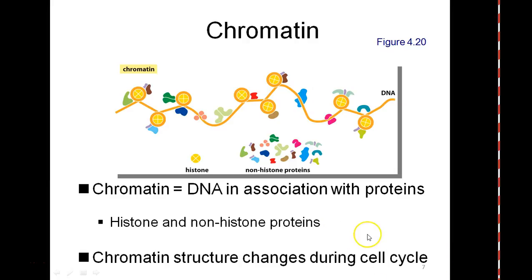During the cell cycle, there are dramatic changes in the chromatin. I'm not going to talk about the cell cycle, but when we talk about different levels of chromatin organization, we'll distinguish where these profound changes happen.